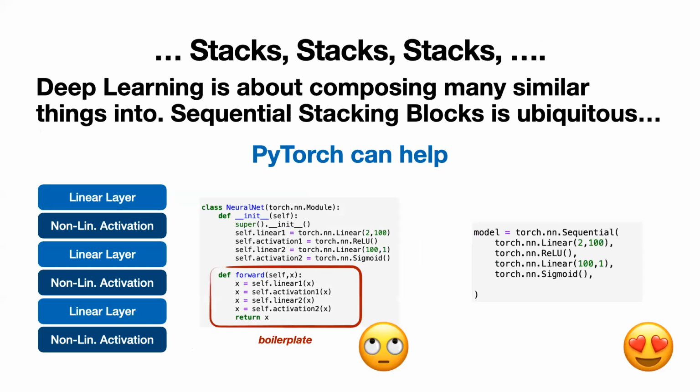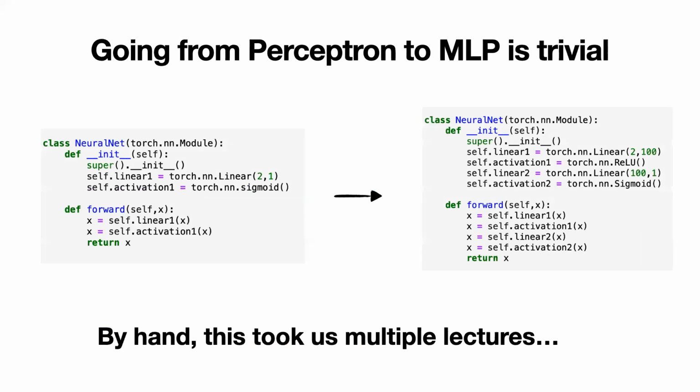The entire point of deep learning is composition. The forward thing is all boilerplate. It's exactly the same type of thing, the only difference is you're passing more functions through it. There's no intellectual gain in what is written in forward.